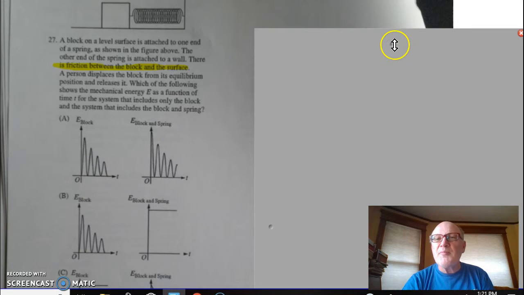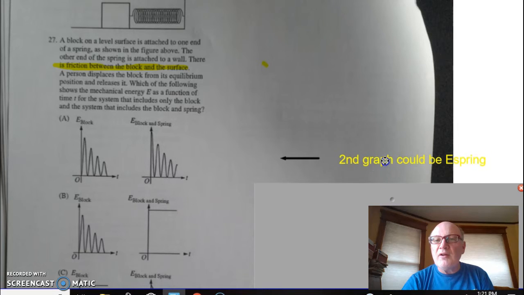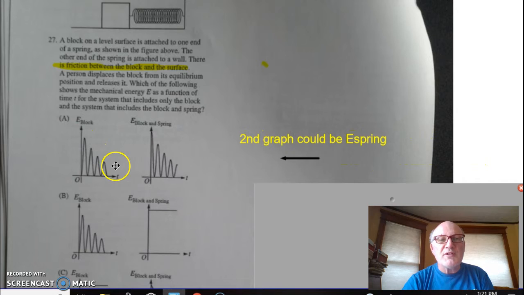So let's take a look at what the possibilities are. This first one looks like it could be a reasonable description of the energy of the block, but this can't be the block and the spring, because the block and the spring have to sum up to something that should be slowly changing over time. It won't be true that the energy of the block and the spring will come to zero and then come back to something.